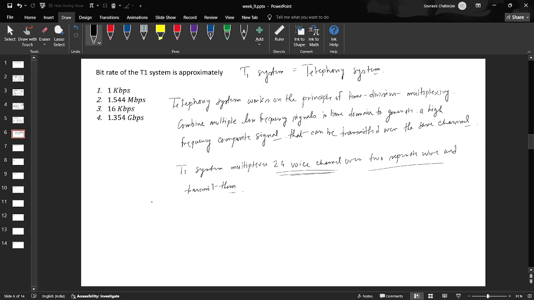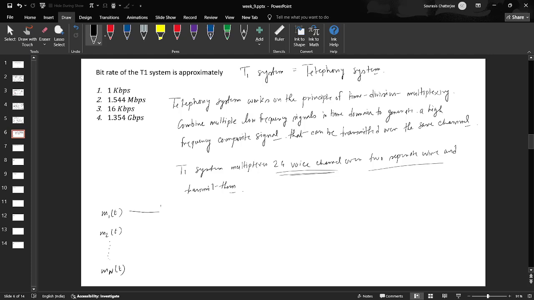So how it works, if I give a graphical representation, it might be easier to understand. Let's say you have multiple low frequency signals such as M1(t), M2(t), up to MN(t). So you have capital N number of signals.